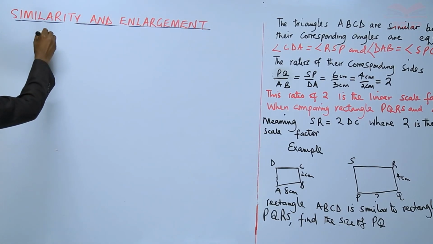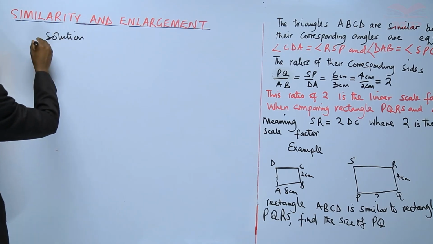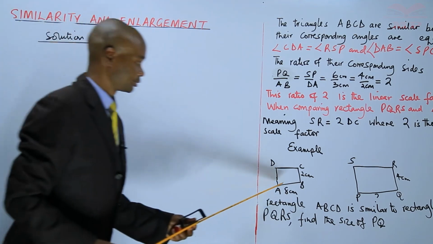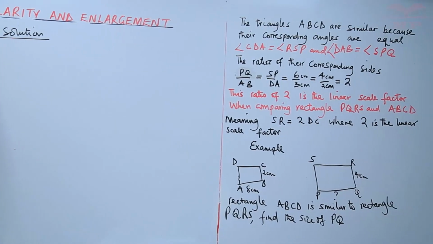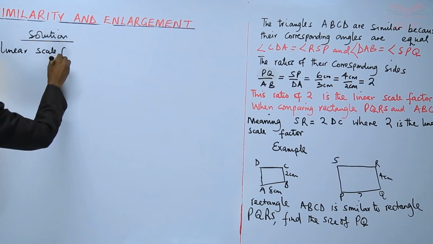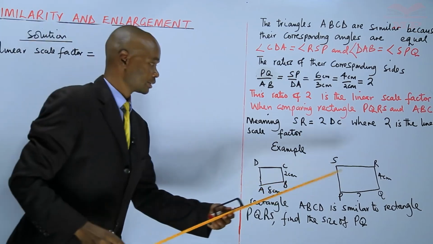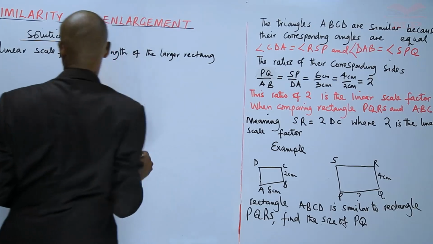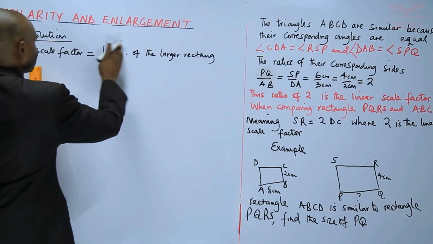In the solution, the linear scale factor will be equal to the length of the bigger one over the smaller, or it'll depend on what you've been given and what is unknown. So you can use even the width.